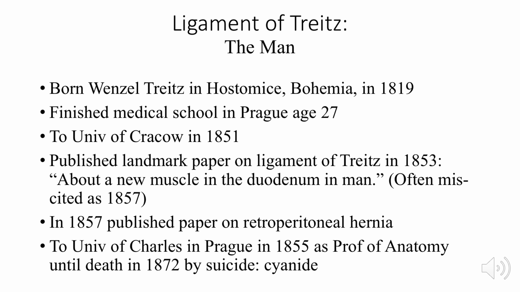And he finished up his career in Prague in 1855, staying there until his death by suicide using cyanide, probably the result of a long-standing depression, fueled in no small part by the friction from his primary German-speaking medical colleagues, who resented the fact that he preferred to give his talks to the Czech students in Czech, not in German, which was a lingua franca of Austro-Hungary at the time.